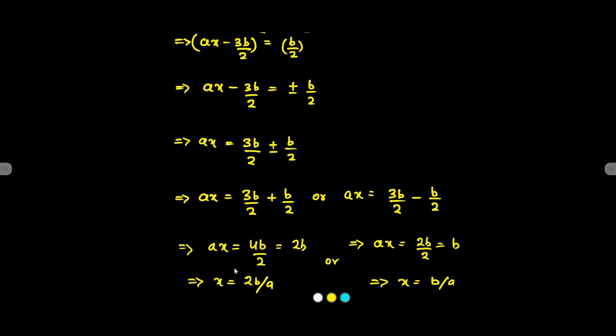So x is equal to 2b by a, or x is equal to b by a. These are the two roots or solutions of the quadratic equation. Here, instead of proper numbers, we have a, b, which are real numbers. So this is the solution or root of the quadratic equation.